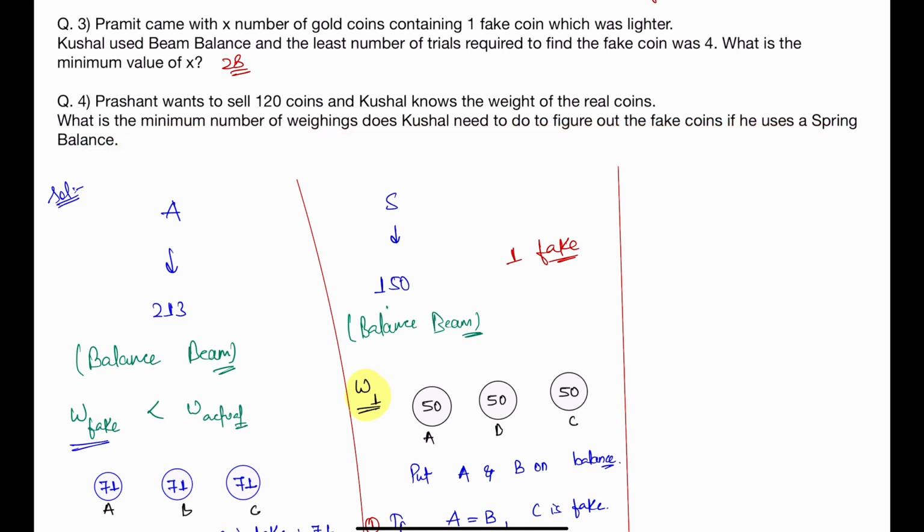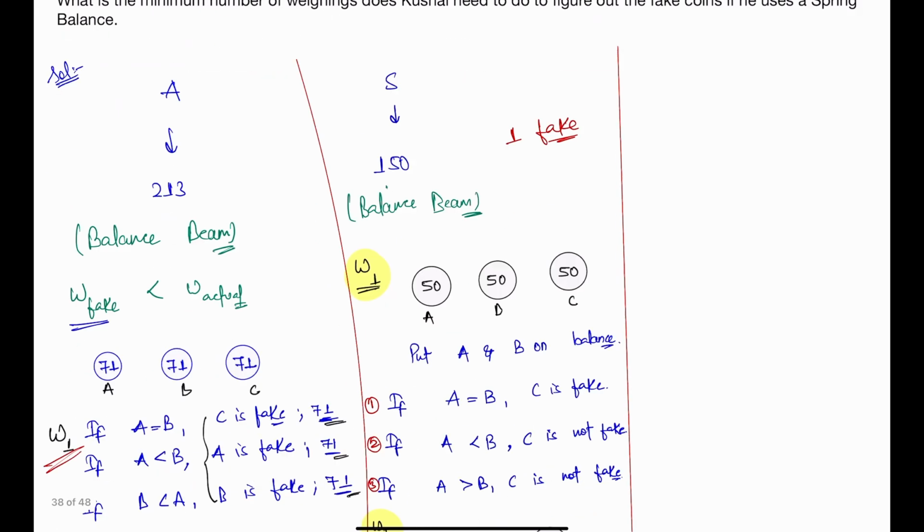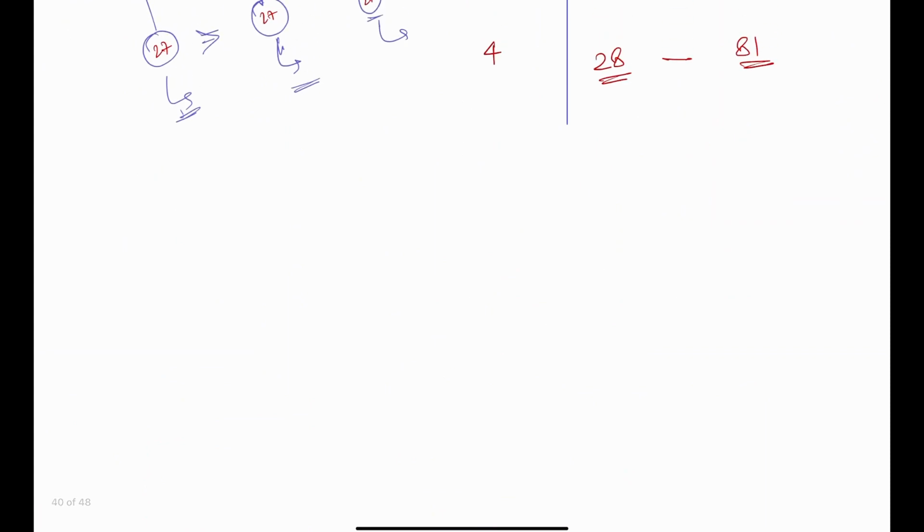So again the same thing. Prashant wants to sell 120 coins, so 120 coins are there, and Kushal knows the weight of the real coins. Kushal is already aware of the real coins' weight. So what does this mean? This is the fourth question.